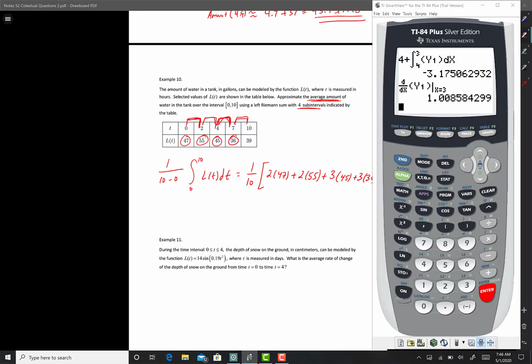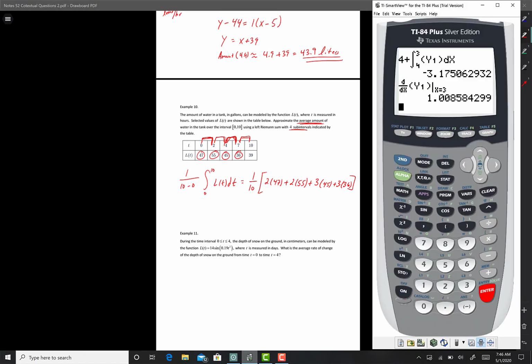I'm going to add those numbers up: 2 times 47 plus 2 times 55 plus 3 times 45 plus 3 times 36. If I didn't make any mistakes, enter, and then divide that by 10, and we get 44.7.